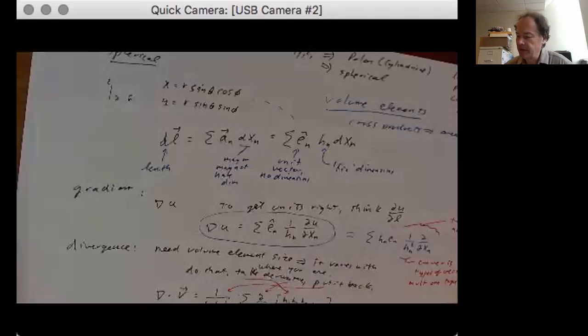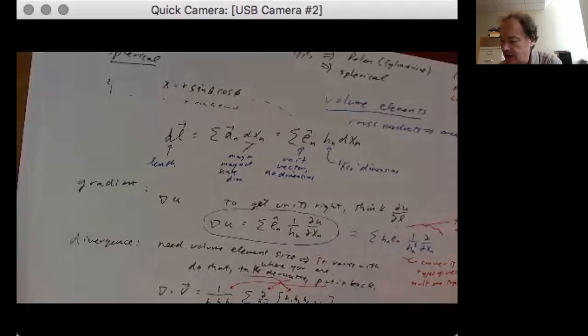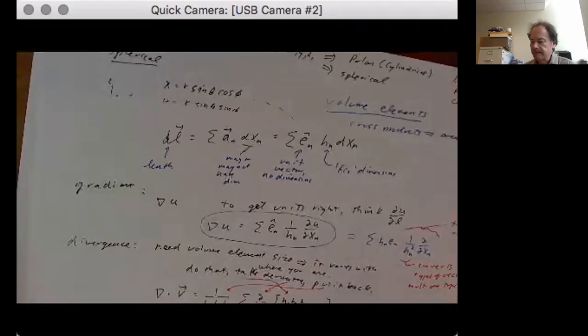So that's what those are for. If you're wondering what this is here, that's getting the units right, sort of correcting for this. So this kind of corrects that to get the units right. And anyway, that's the formula you have, and if you plug that in, you will be able to get all the forms such as the spherical divergence formula is, so this is for spherical.